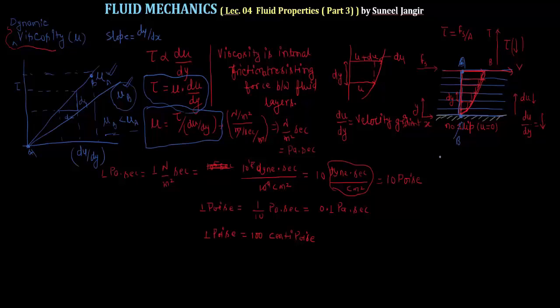That is, tau equals mu du by dy is termed as Newton's law of viscosity. Alright, so now let's consider more things.